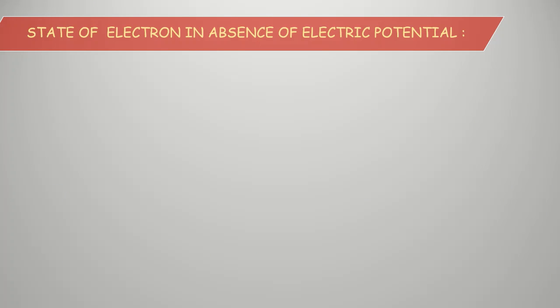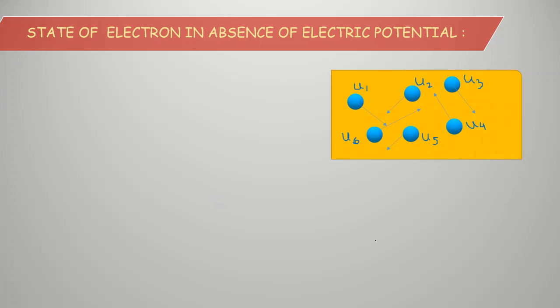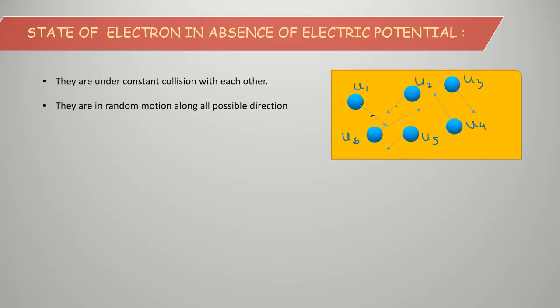What will be the state of electrons in absence of electric potential? As you can see here, the blue color are the electrons, and the arrows show the random motion of the electrons. Here the electrons have velocity u1 as the velocity of the first electron, u2 the velocity of the second electron, and so on for all the 6 electrons.